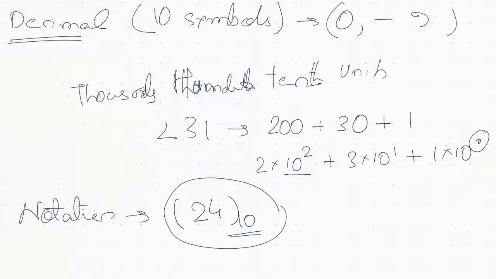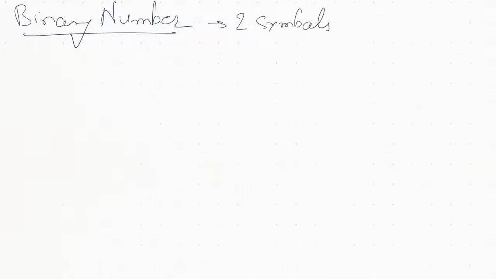So now let's talk about the binary number system. Binary numbers have a total of 2 symbols, which is 1 or 0.